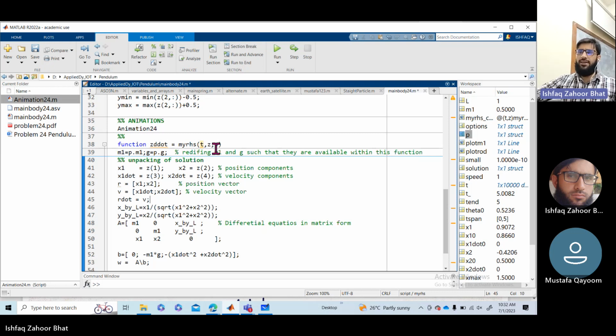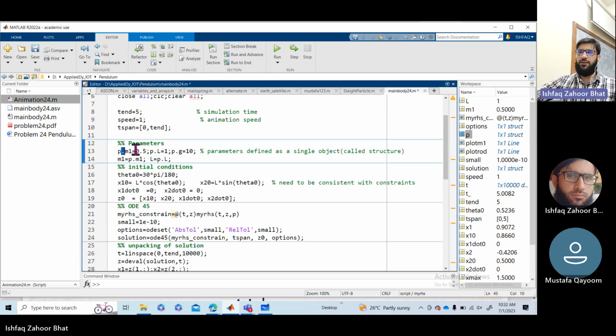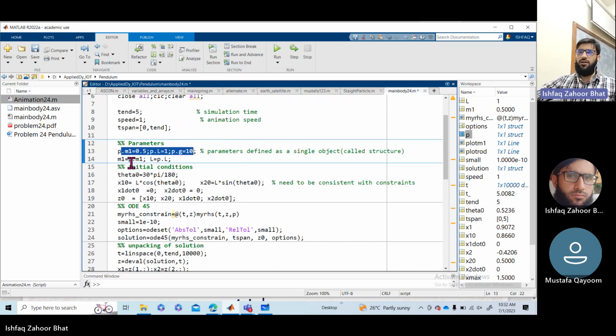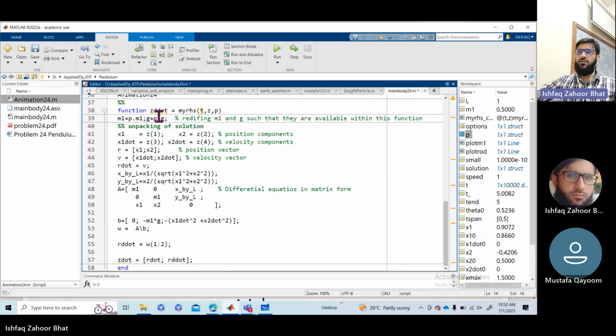So again, see, P has been defined here as a structure. And we also define this M1, L and G. But those will not be available to this function.